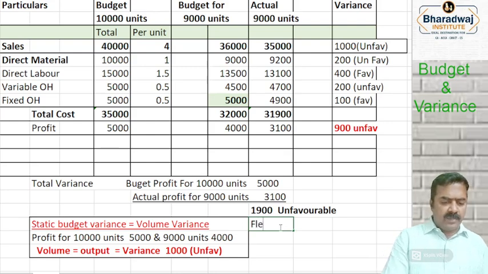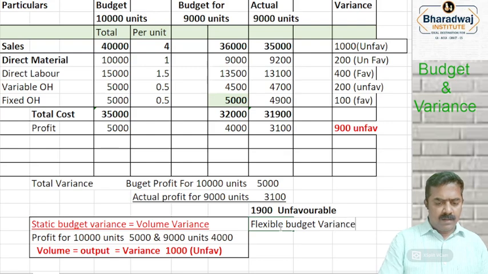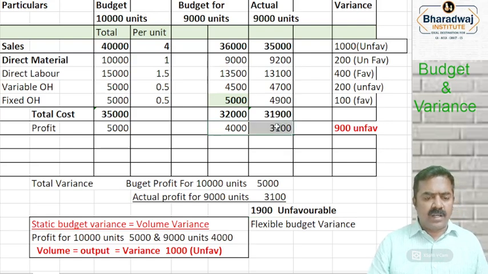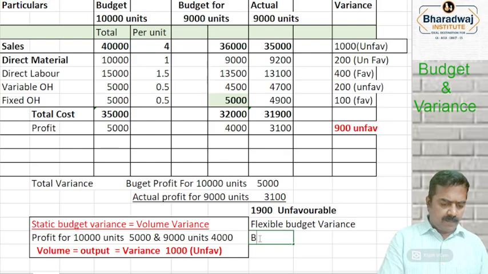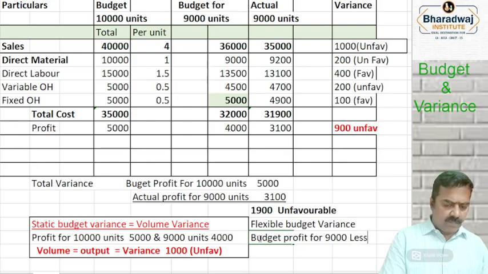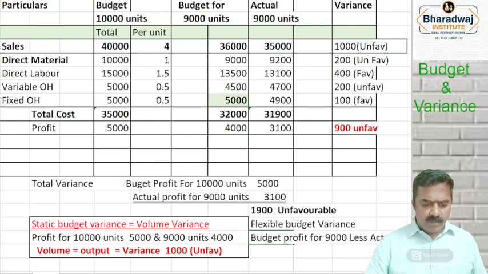And flexible budget variance, simple. Budgeted profit for 9,000 units minus actual profit will give us flexible budget variance.